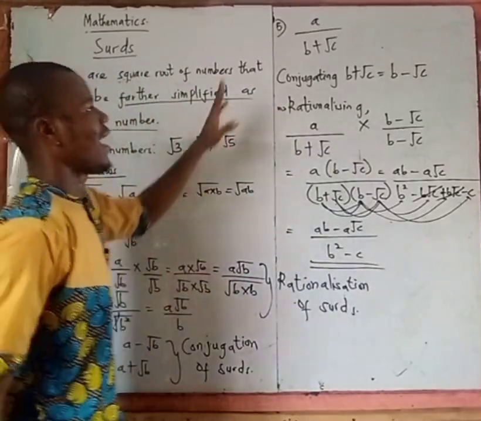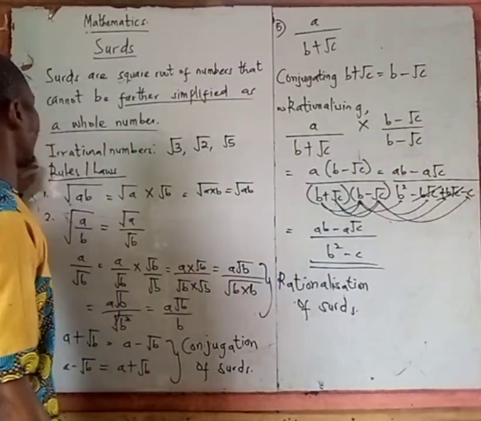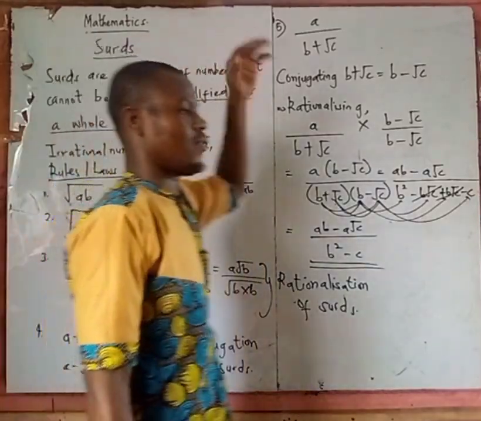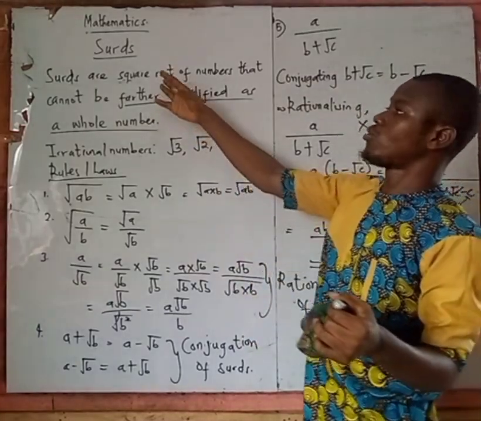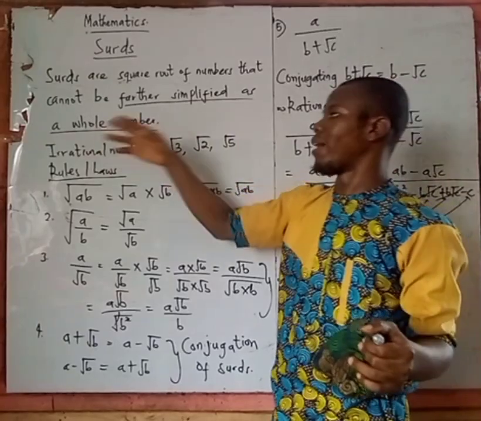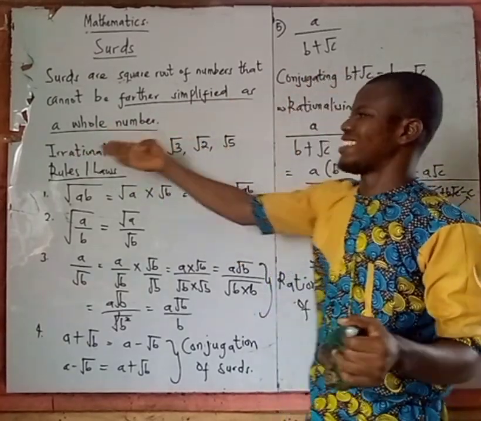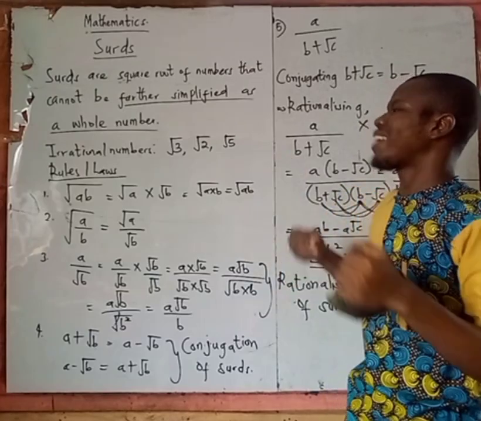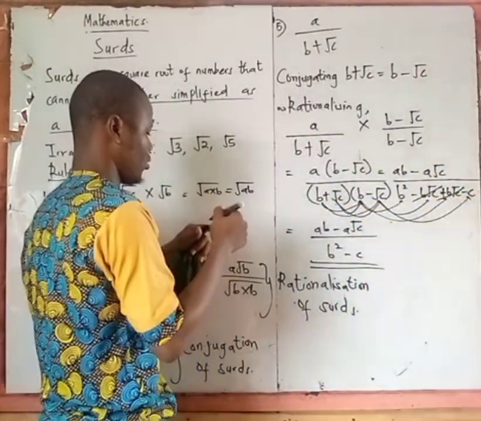So these are the rules of surds that we have. So we said surds are square roots of numbers that cannot be further simplified to a whole number. They are also irrational numbers, a number that cannot be expressed as a fraction.